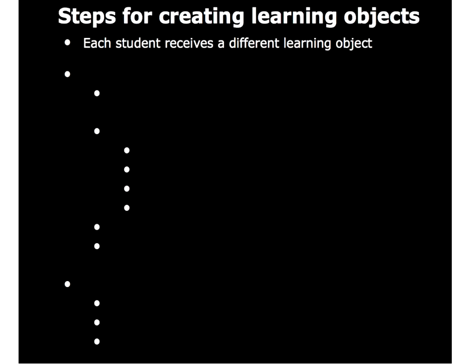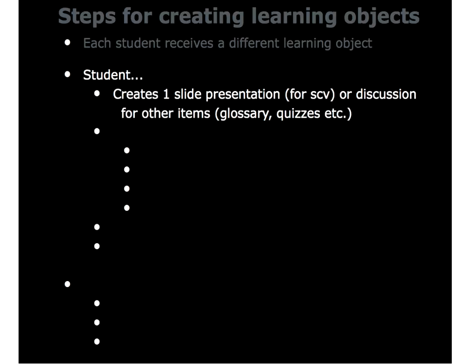So these are the steps for creating the learning object, and it doesn't matter whether they're making the quiz, the glossary, or the videos. Each student is going to receive a different learning object, a different glossary term, a different page in the content for the quizzes. They're going to get a different video, so not everybody's creating the same thing.